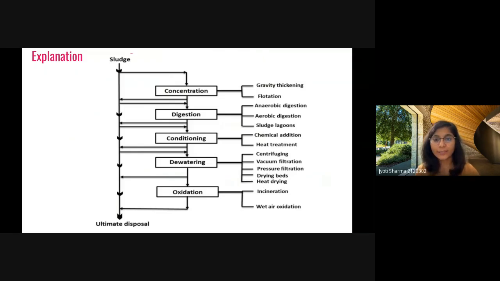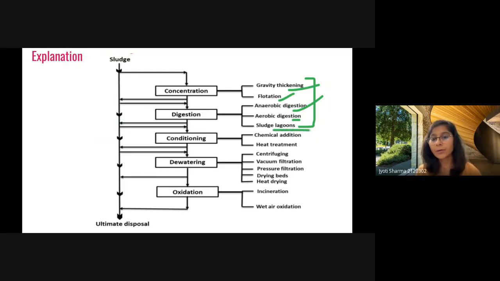Okay, I think this one is clear up to now. We talked about gravity thickening, we talked about flotation, we talked about anaerobic digestion. We didn't talk much about aerobic, but you need to assume that this is a kind of digestion, breaking down the organic matter into CO2 and H2O in the presence of microbes, but here we are giving oxygen as well.